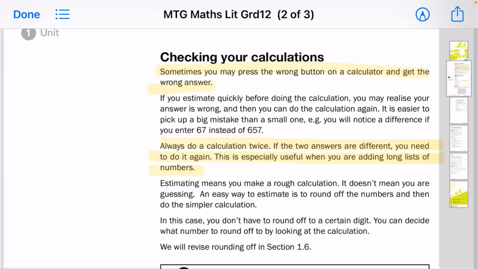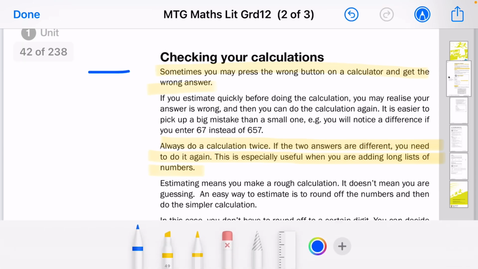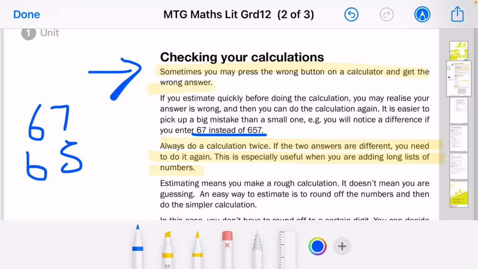So ladies and gentlemen, as you can see over there, checking your calculations. Sometimes you may press the wrong button on a calculator and get the wrong answer. This is true, ladies and gentlemen. For example, they're saying you will notice a difference if you enter 67 instead of 657.